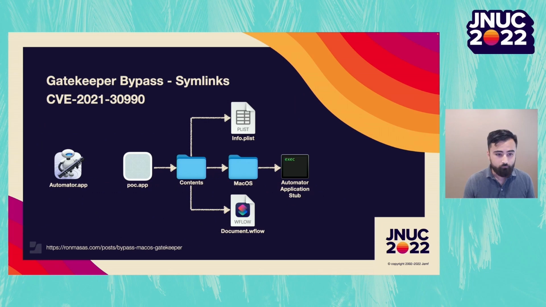So what that looks like is that you typically have an application structure like this, and within this application structure, as we mentioned, you'll have the Automator application stub, and this Automator application stub will invoke the workflow document, and this contains our shell script.